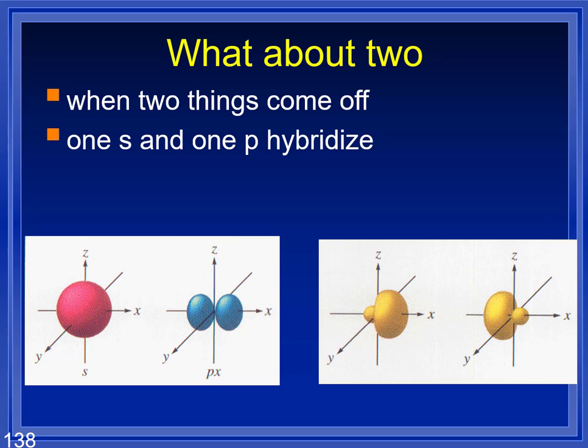If I put together that s and the p, notice it doesn't have any up and down component. It doesn't have any front and back component. So they're just pointed in opposite directions along the x-line, right? So those 2 ends are going to be 180 degrees apart.